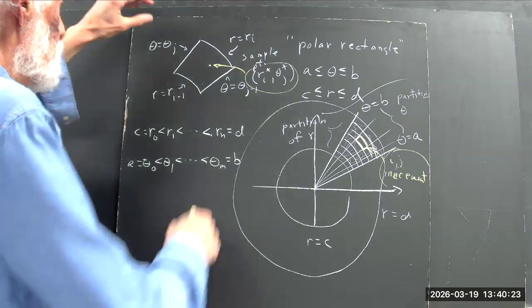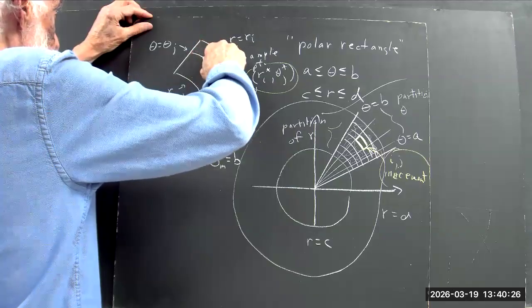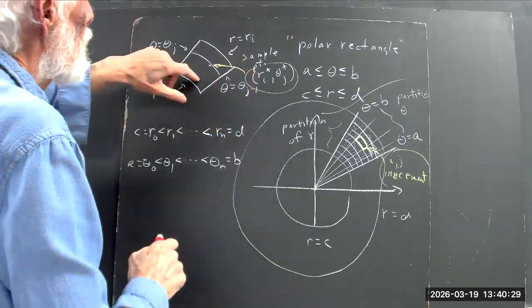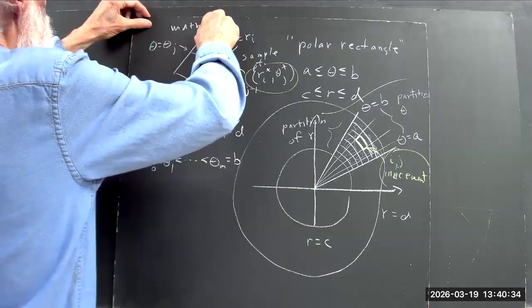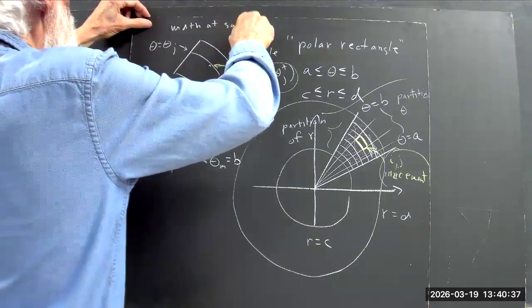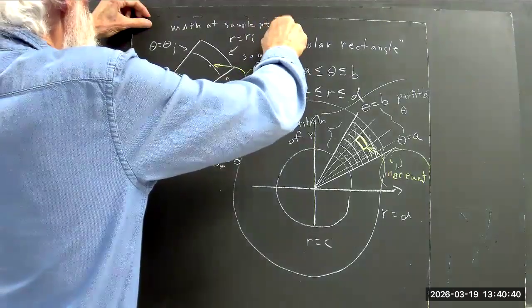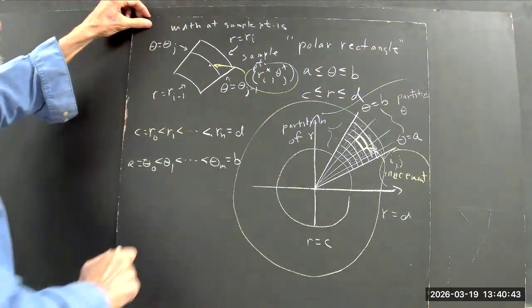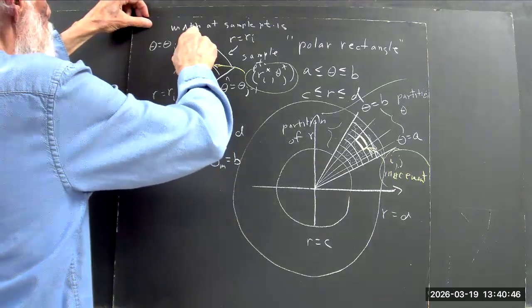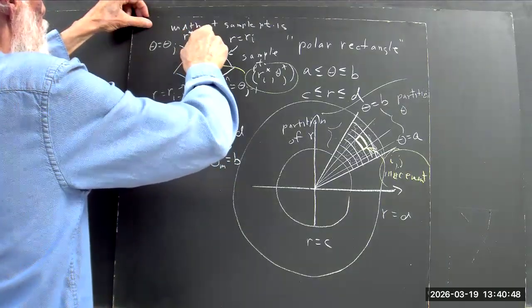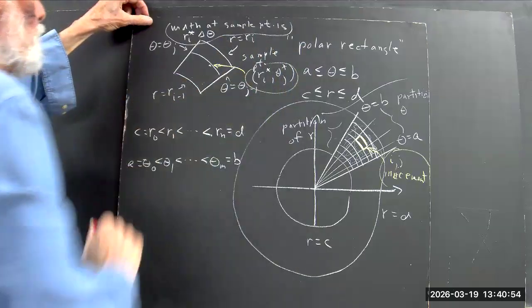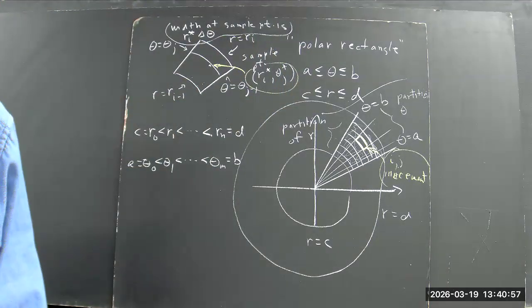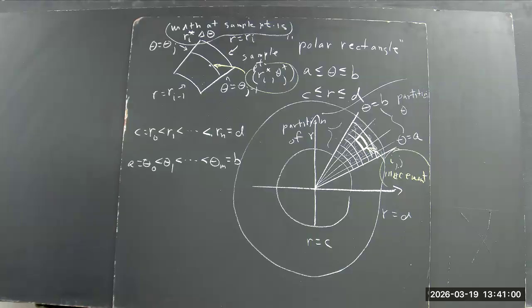And we're going to approximate this width at the sample point. It is simply r sub I star delta theta. Now that's actually the arc distance.